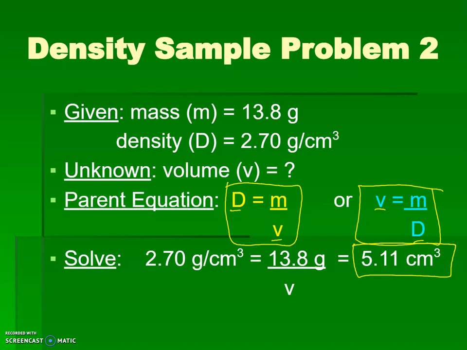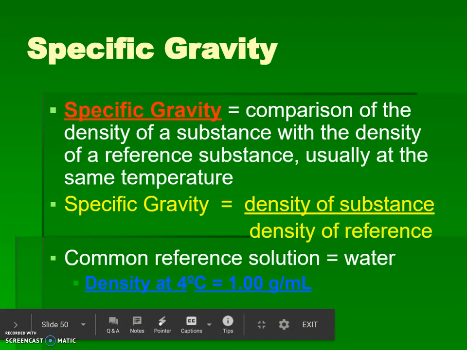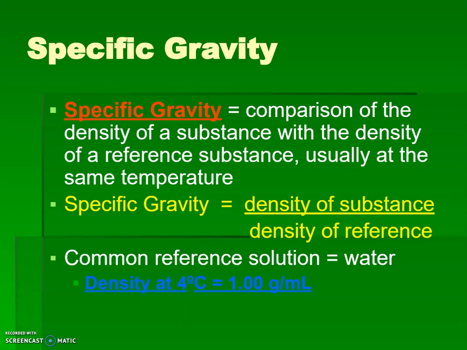Now, when you compare densities to one another is when you take a look at the specific gravity of something. And this is usually more common with our liquids, although it could be a comparison of a liquid and a solid, but the comparison of your density where you have a known reference substance.